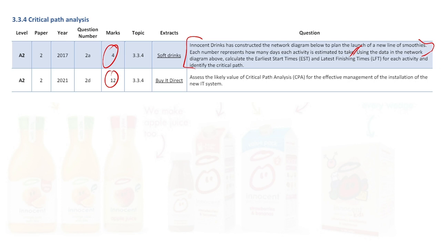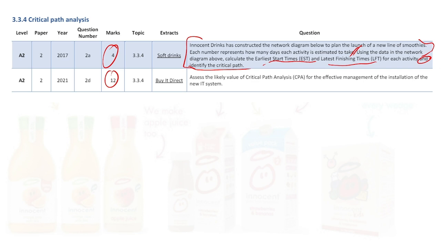You can see it tells you exactly what you need to do. We need to make sure that we have the EST, the LFT, and, what a lovely word, identify the critical path. And as we know, a critical path is the longest path. We can talk about that a bit more in depth when we get to the essays.